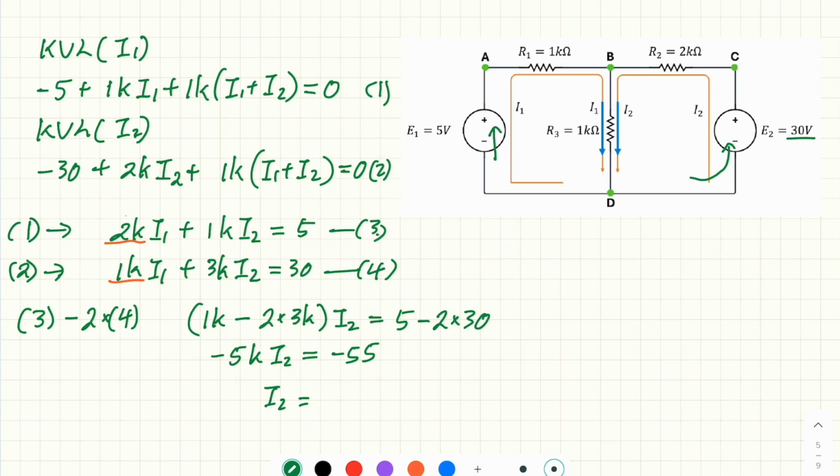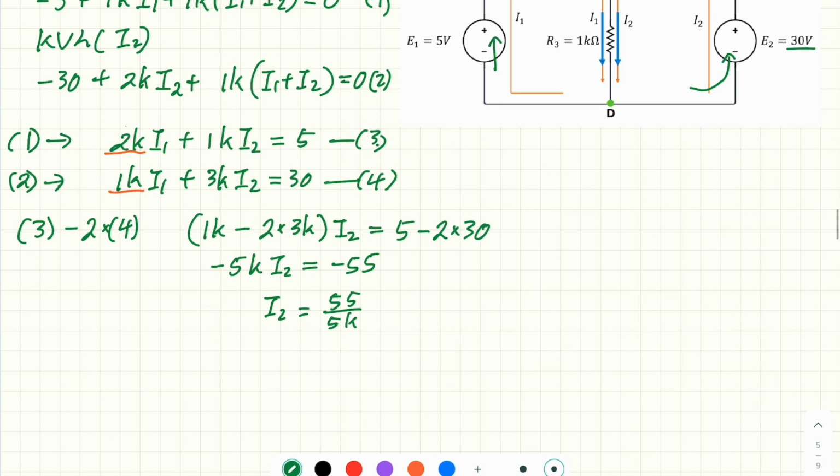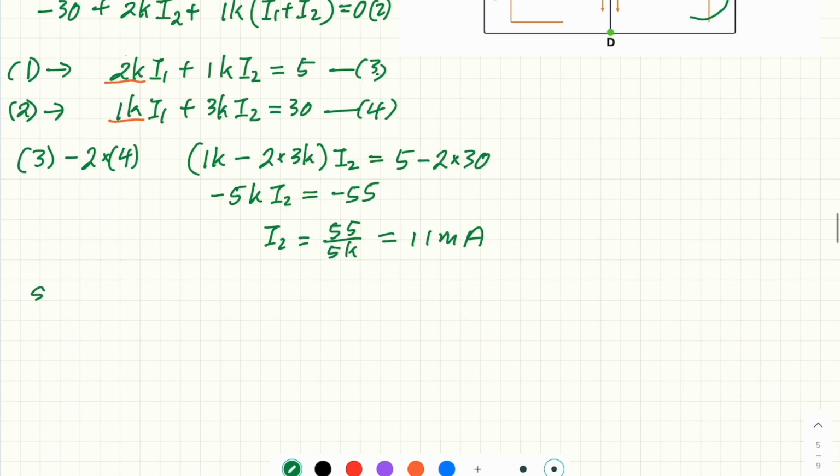I2 equal to 55 divided by 5K. 1 over 5K becomes M. So we have 1 milliampere. Now we substitute I2 equal to 11 milliamp into equation 3.